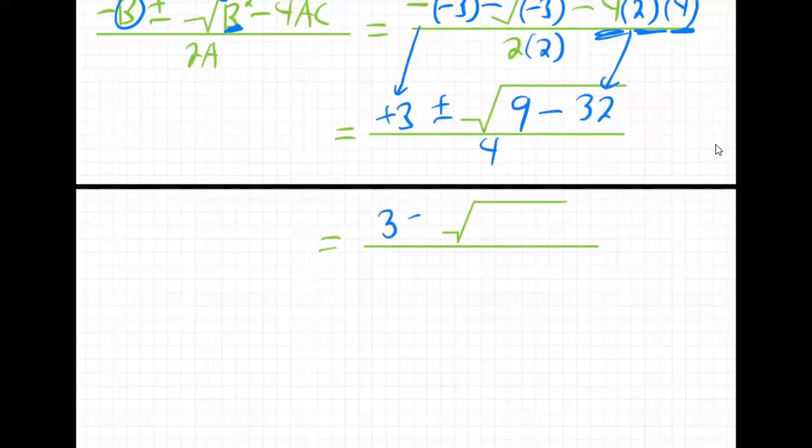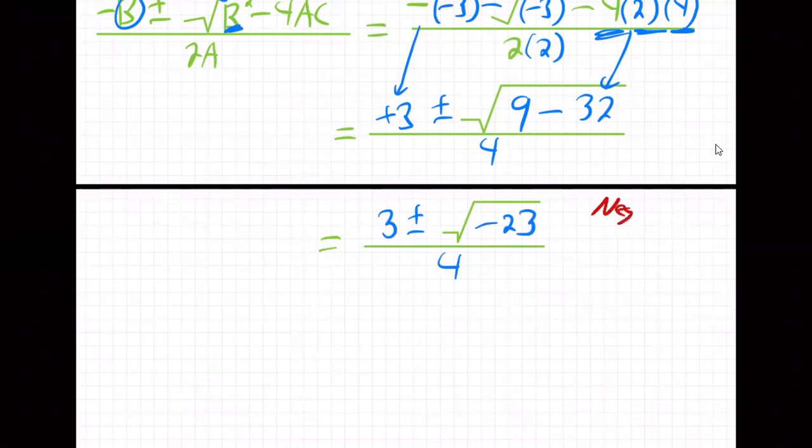All right, let's keep it going. So we get 3 plus or minus, and then 9 take away 32. I'm just going to use my calculator, and I'm getting negative 23 over 4. Now, what have we learned about a negative sign inside of a square root? Remember, you can't have a negative inside. It's imaginary.